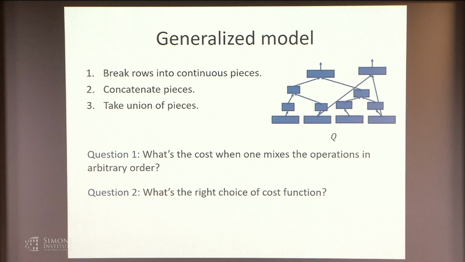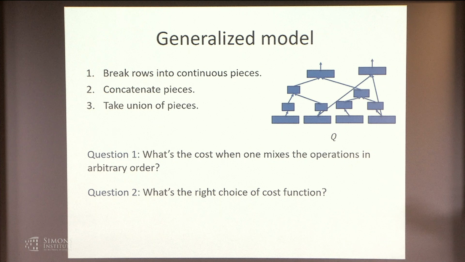And if you charge too little, then the lower bounds that you may get will be trivial, because it will be possible to calculate the product of any two matrices in, say, n squared. So you have to be careful, and you have to strike the right balance to get some meaningful result. And so far we didn't quite manage to do that.